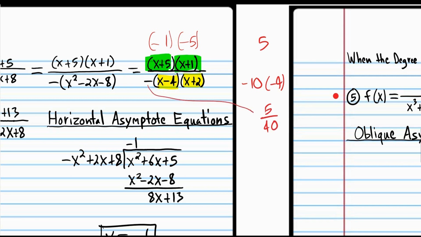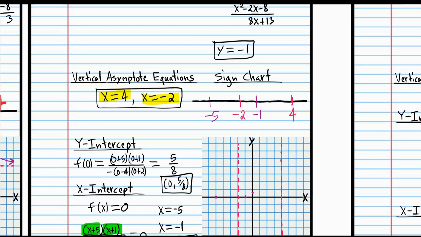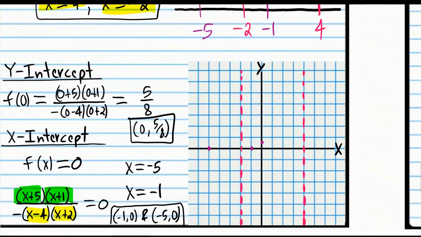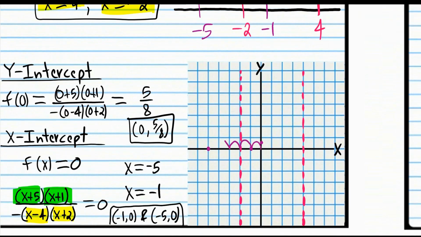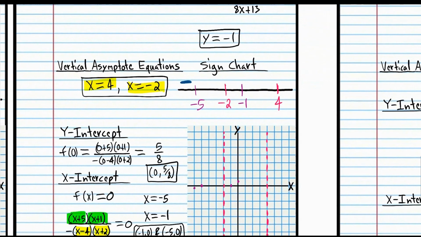So that would be -5 over 40, which is -1/8. So we get a negative number there. And let's count out 1, 2, 3, 4, 5, 6, and down 1/8. So we can go and mark that point as long as we found it.